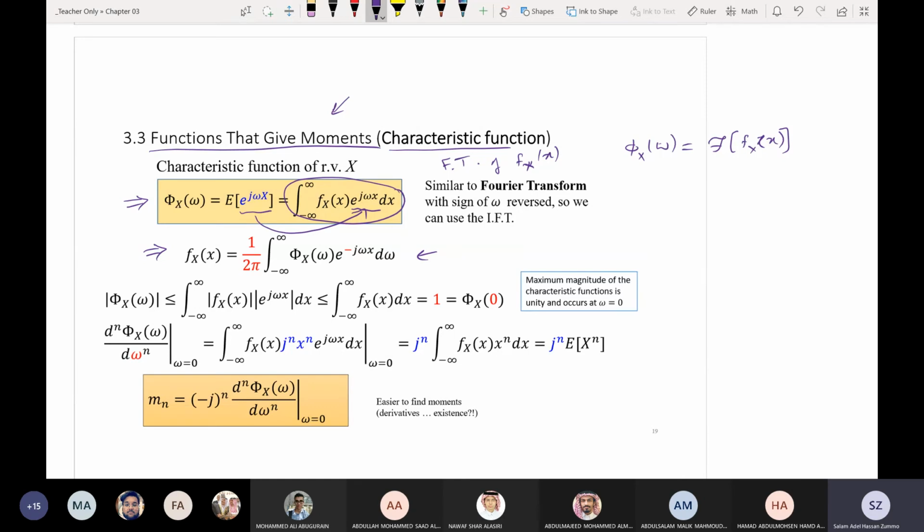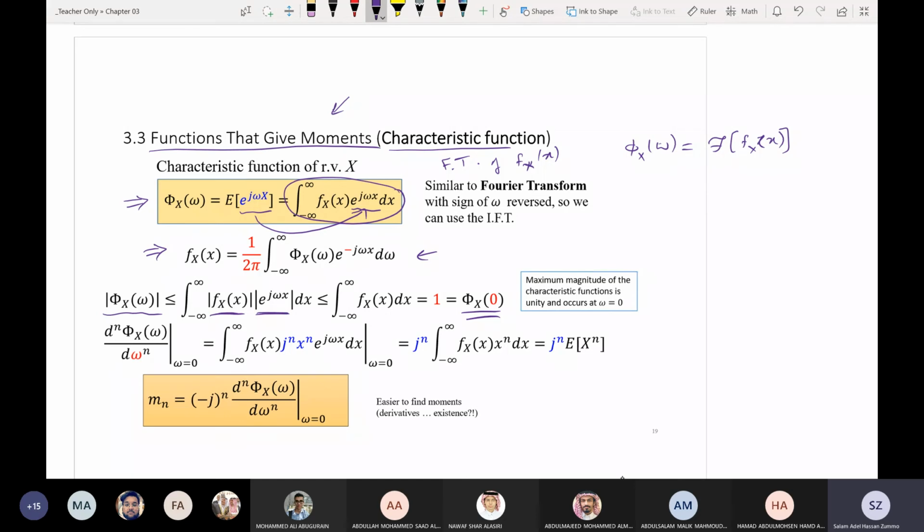Okay? Now, the first thing that we'd like to note is that the characteristic function is always upper bounded by its value at 0. Why? Because if we take the absolute value, using the triangle inequality, the absolute value of the characteristic function is less than or equal to the integral of the PDF multiplied by the absolute value of e to j omega x.